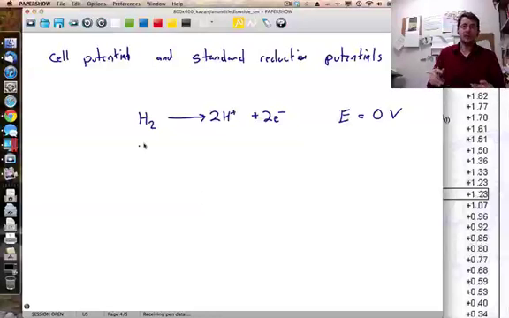Now what we can do is compare a chemical reaction to this one and measure its potential. In fact, how do you do this? You actually set this up.